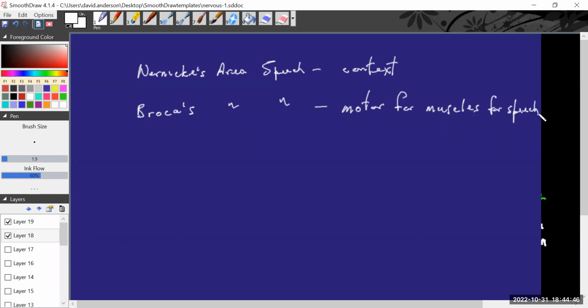So the primary motor area typically finishes on skeletal muscles in the trunk or in the upper limb or the lower limb. Broca's area is like the primary motor, except it's going to finish on the muscles that we use for talking.